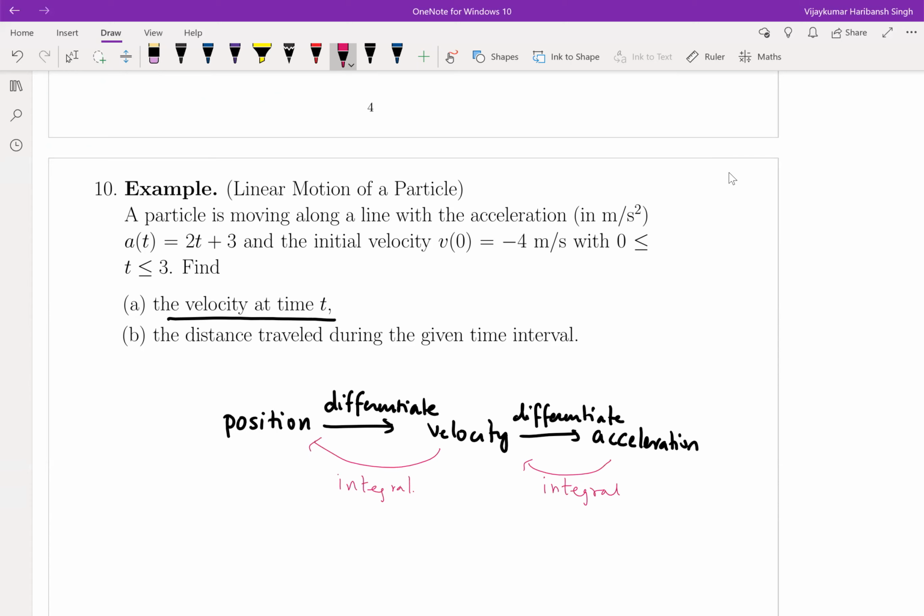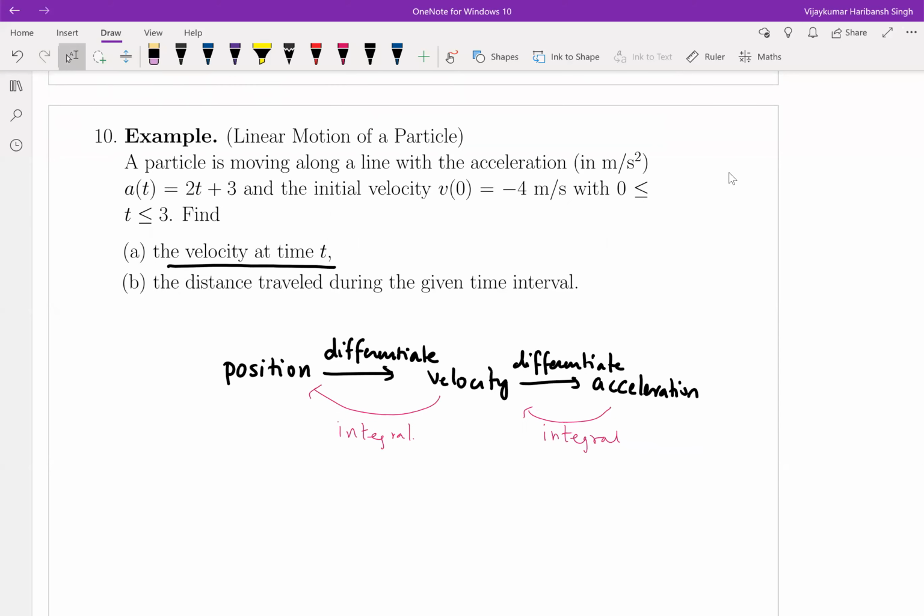Okay. So now you are given a of t equals 2t plus 3. You're given v of 0 is minus 4 meters per second, and your t belongs to 0 to 3.